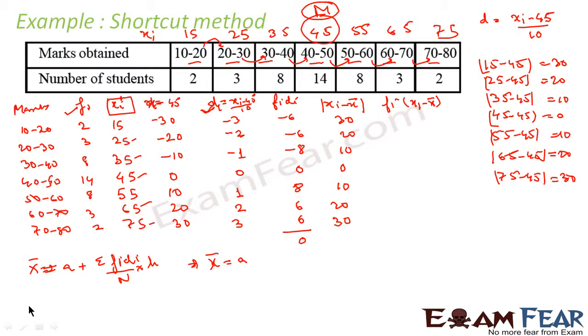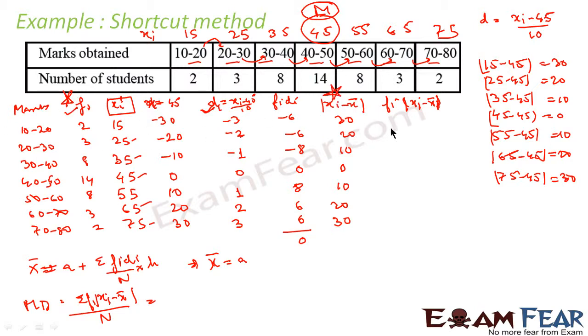The formula we have is mean deviation is nothing but sigma of fi into mod of xi minus mean, the whole thing by n, correct? So we have to find fi into mod of xi minus x bar. So what we have to do, we have to multiply this and this. So let me put a star mark in both cases to make my life simple.